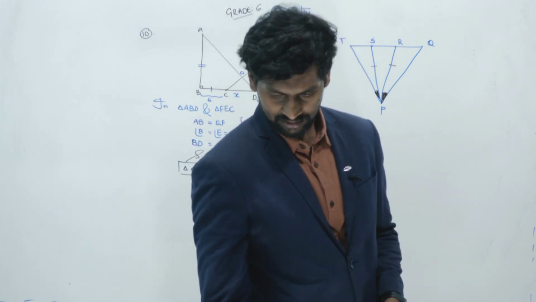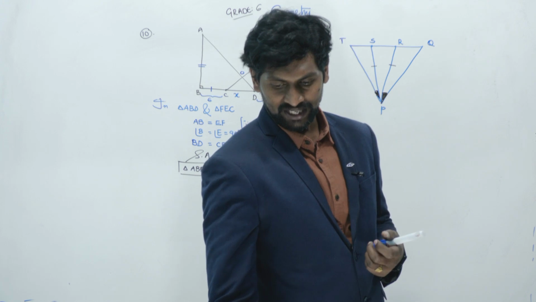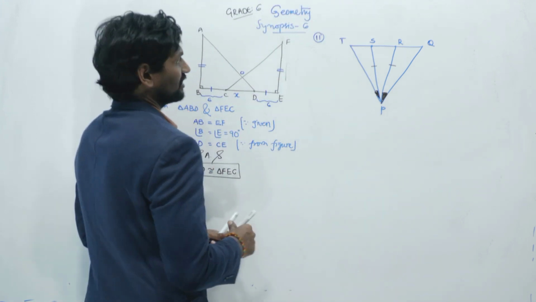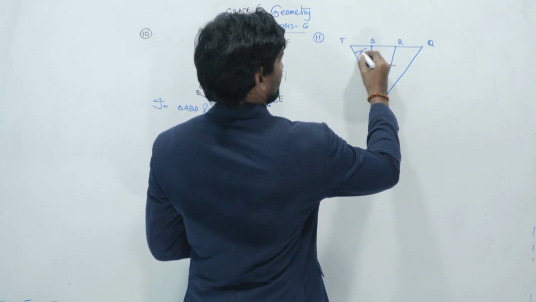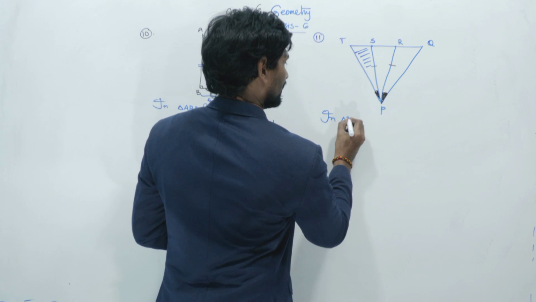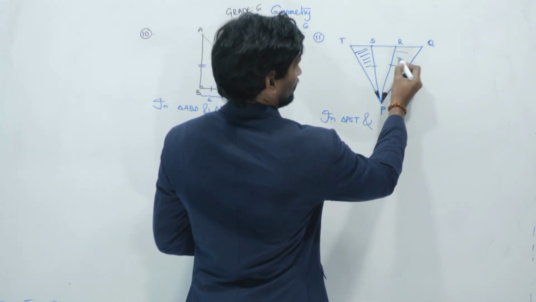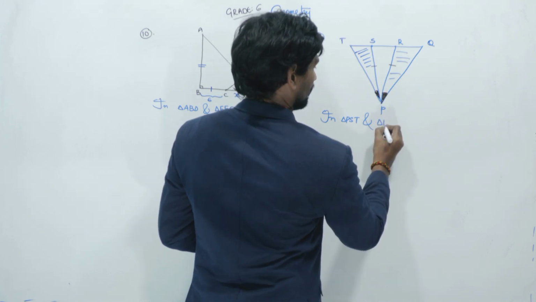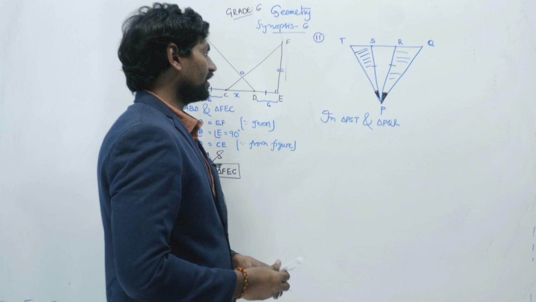Then which of the following two triangles are congruent? Let us take the two triangles PST and PRQ. PST is the left side triangle, and the second triangle is PQR.